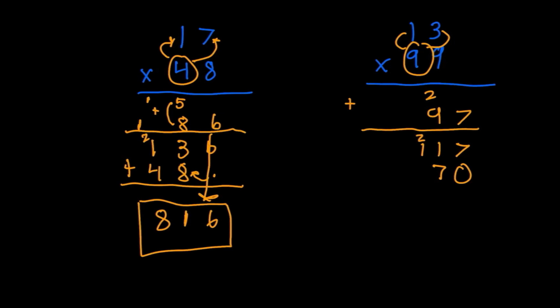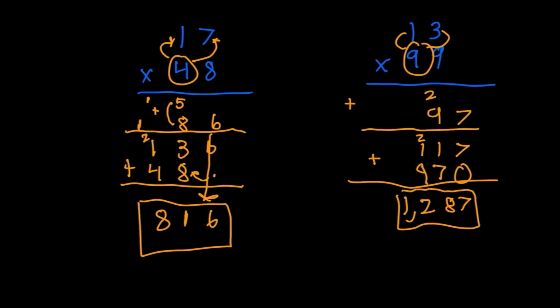And then 9 times 1 is going to be 9, like this. We add all of them up. So I get 7, 8, 2 plus 1 plus 9 is going to be 12. So I'm going to write the 2 and then the 1. And then this is my final answer, 1,287.